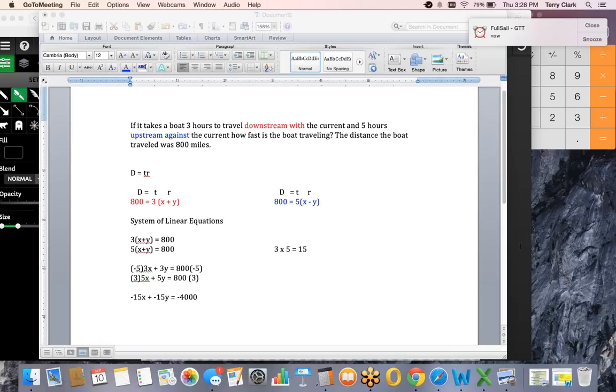If a kid is walking with the elevator, it's going to equal X plus Y. Against the elevator will equal X minus Y. Okay, so in this case, we're talking about with current, it's going to be X plus Y. Against current, X minus Y.